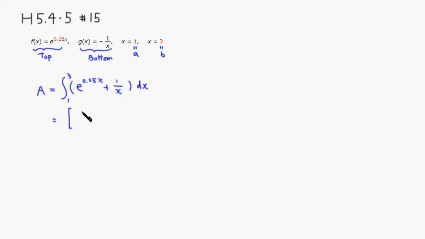So this is e to the 0.25x divided by 0.25, and the antiderivative of 1 over x is the natural log of the absolute value of x, with limits from 1 to 3.